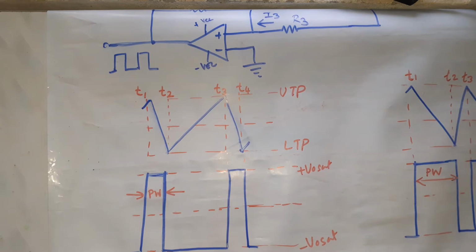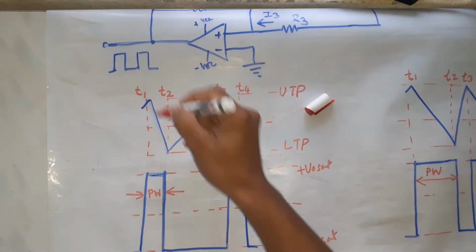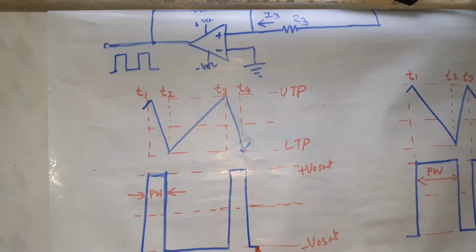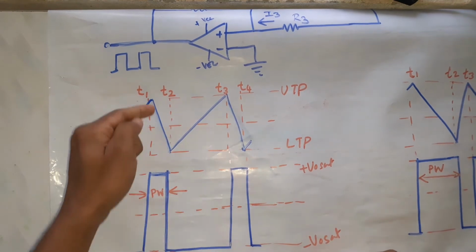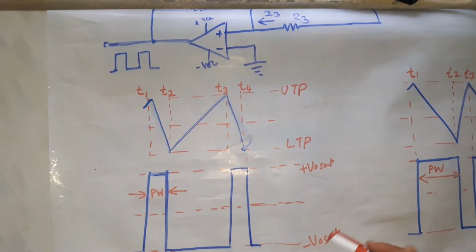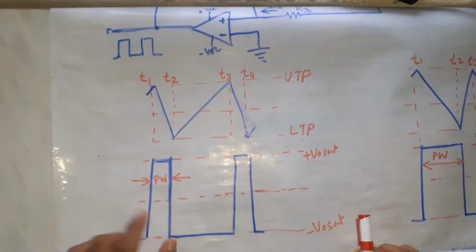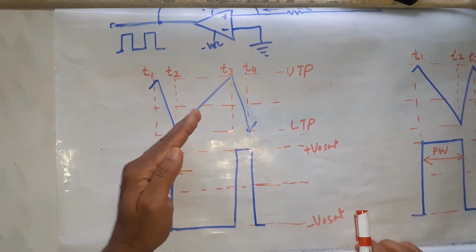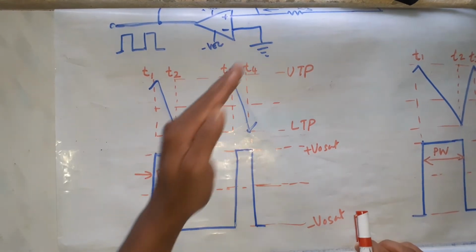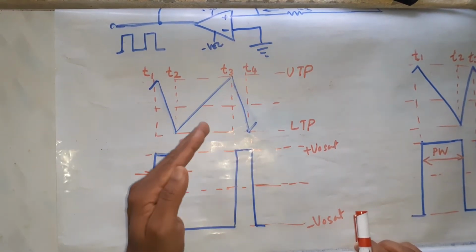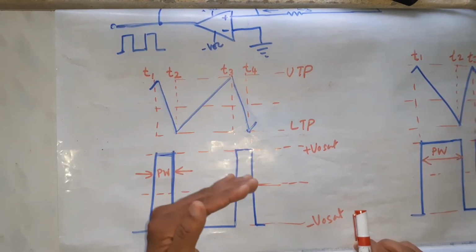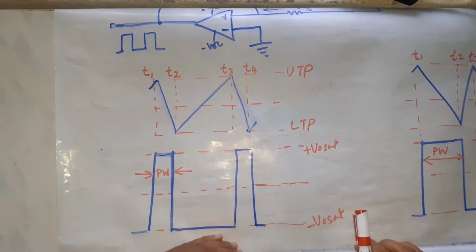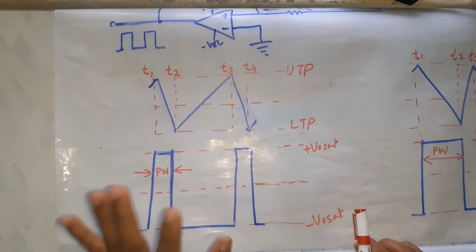Between T1 and T2, the capacitor is charging with a negative ramp. Whenever the capacitor is charging, your Schmitt trigger output will remain positive. And whenever the capacitor is discharging in the positive direction, the output of the Schmitt trigger is going to be at the minus V naught side. Remember these two points.